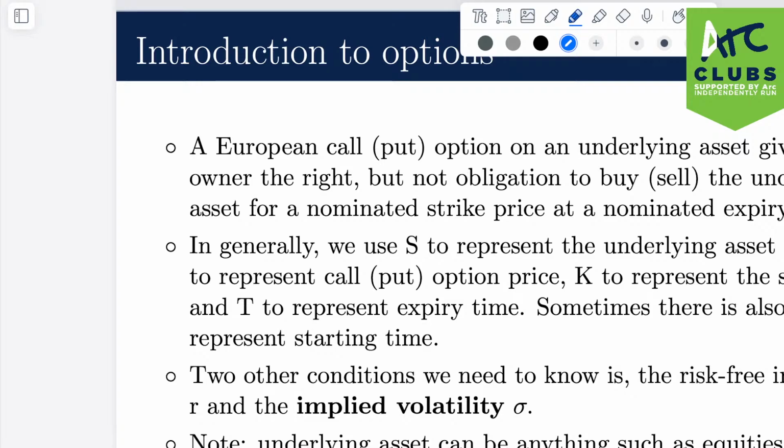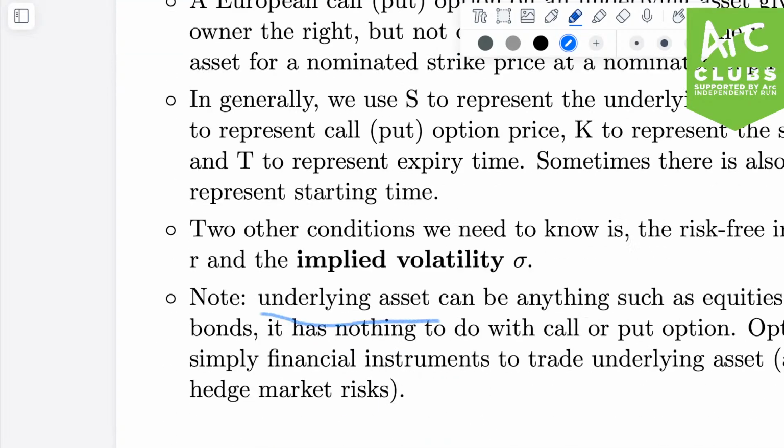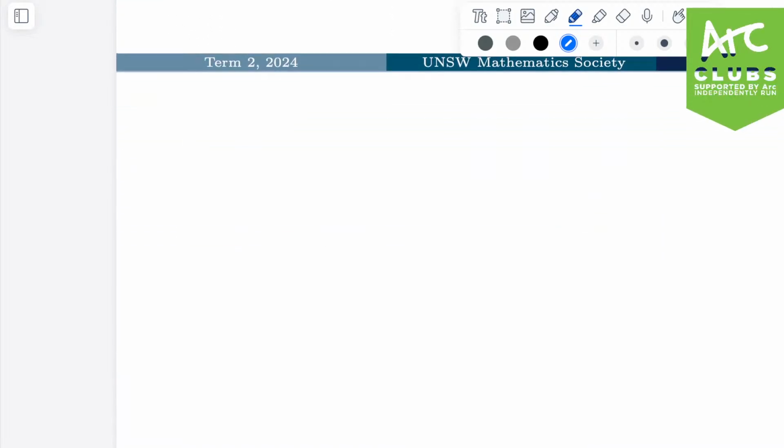And there are a few reasons we need options, but one of the reasons is to hedge market risk, or to provide some financial protection on our underlying asset when the market becomes very volatile. So let's suppose that our underlying asset is gold in this example.